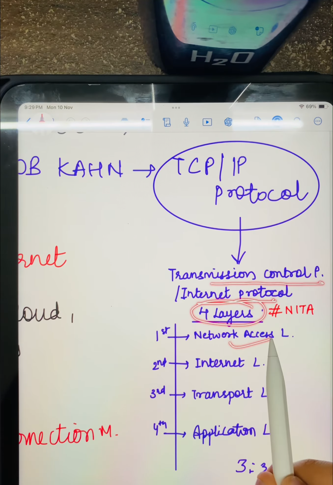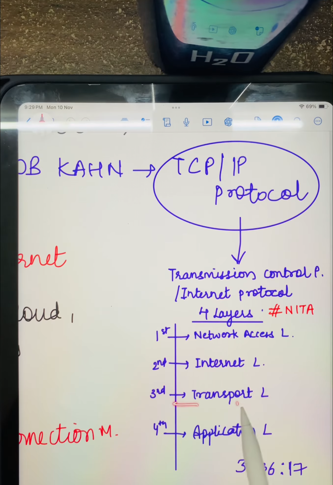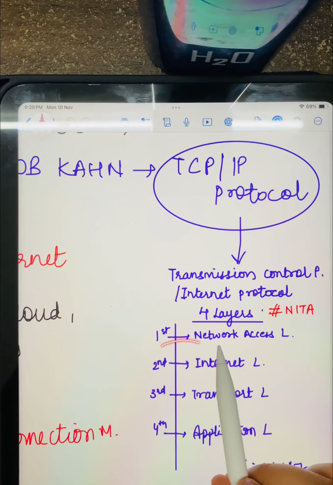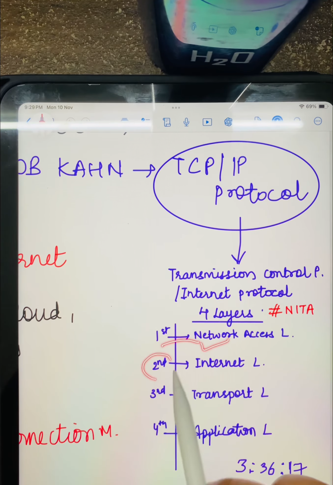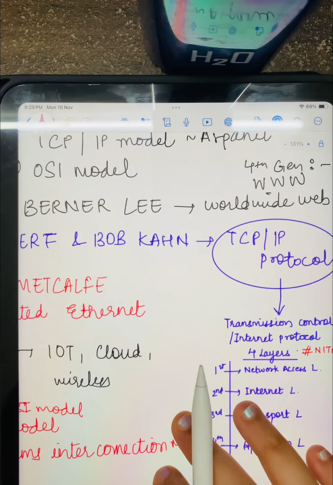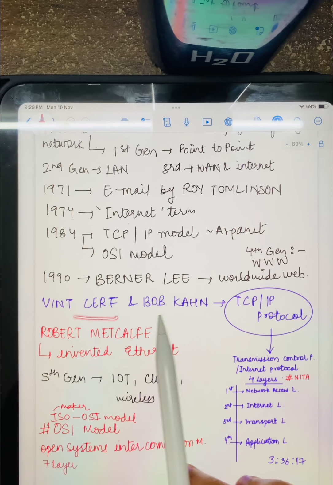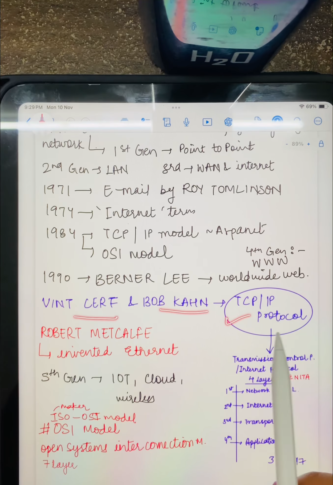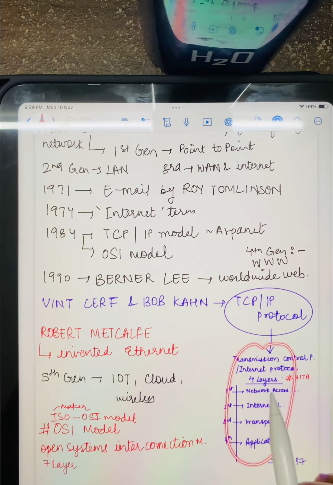First is network access layer. Second is internet layer. Third is transport layer. Fourth is application layer. To remember the sequence, I have made a short form, NITA. Vint Cerf and Bob Kahn introduced the TCP/IP protocol, and it has 4 layers.